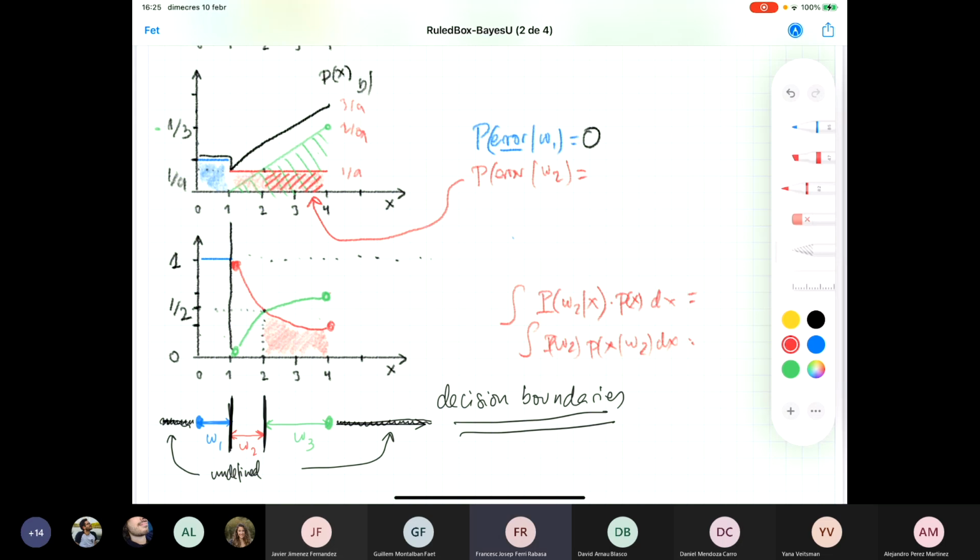This area is very easy to compute because it's that. It's okay? Questions? Is that clear or not?